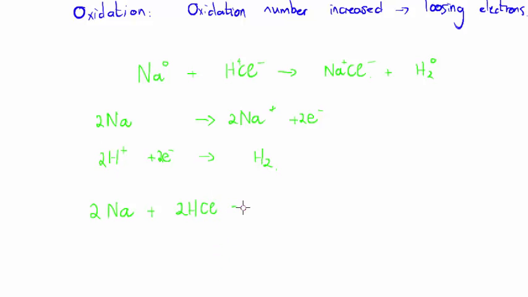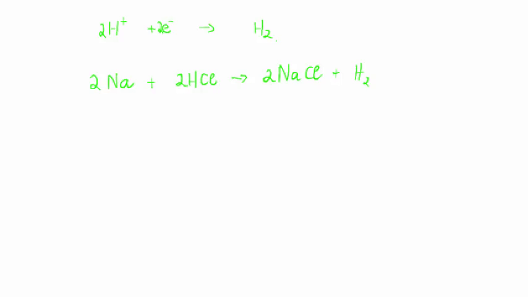We'll produce, in the end, 2 sodiums with the spectator ion, because now it's an ion, plus hydrogen, and there we've balanced our equation. You can see there are much more complicated equations that are very easily balanced using this method. Let me look for one. Okay, here's a nice one.